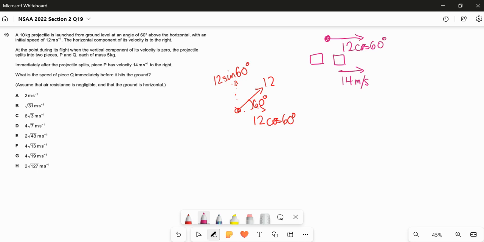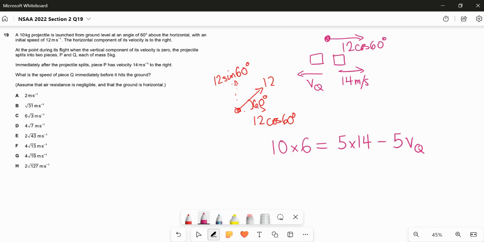So if we write that down, we have 10 times 12 cos 60 is the initial momentum, so 12 times a half. This gives the initial momentum of the projectile, and this will equal the momentum of P, 5 times 14, and then minus the momentum of Q, so 5 VQ, assuming Q is going in this direction.